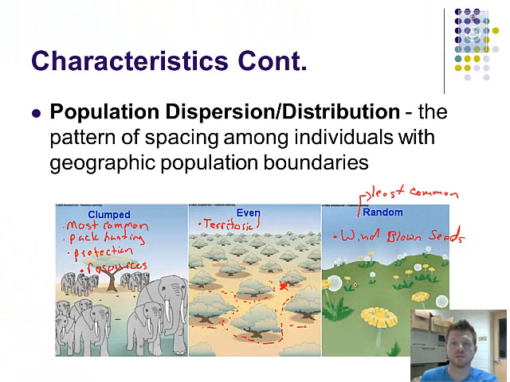If there's enough moisture there for those seeds to germinate and grow, then they'll grow there. So as we can see, there's groups of 3, there's groups of 2, there's singles. There's no real pattern that we can tell. So that's population dispersion or distribution.